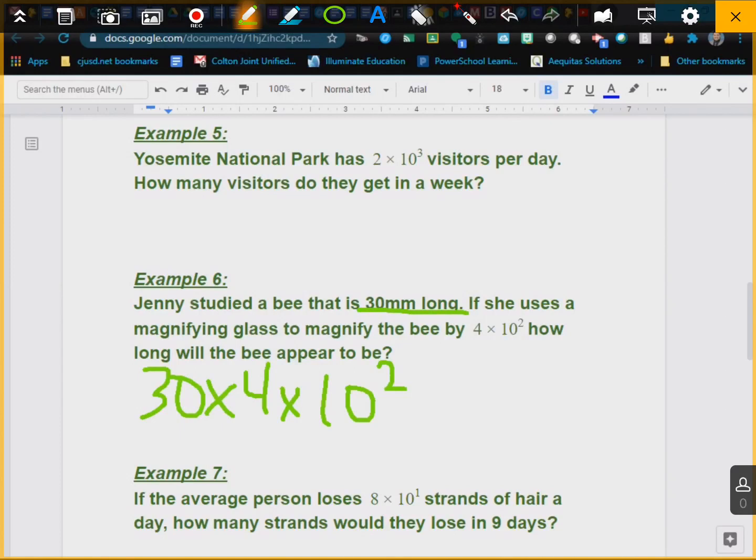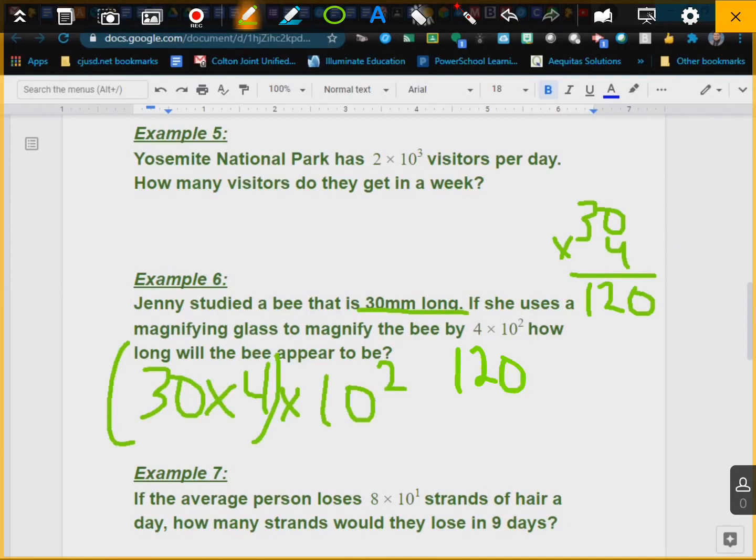Okay? Now I'm going to use associative property here. I'm going to put this in parentheses. I'm going to find out what is 30 times 4. Well, 30 times 4 is going to be 4 times 0, 0. 4 times 3 is 12. So it's going to be 120 times 10 to the second power.